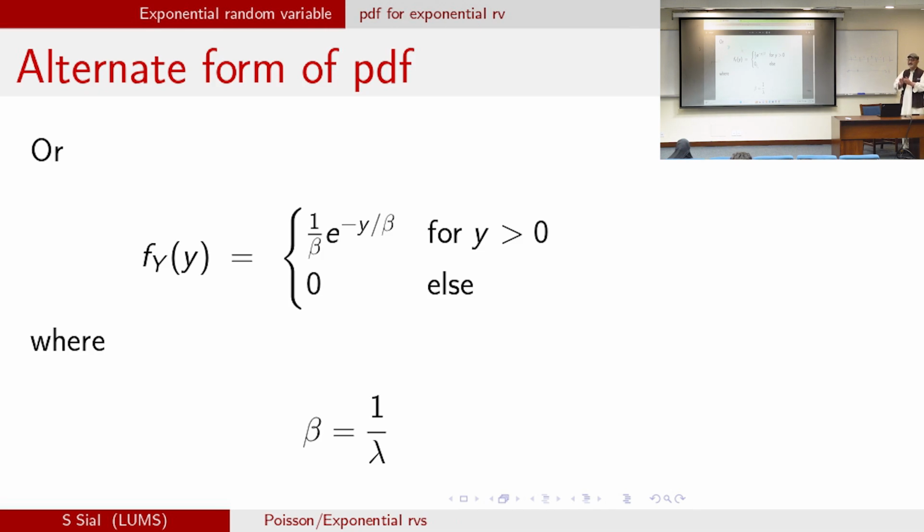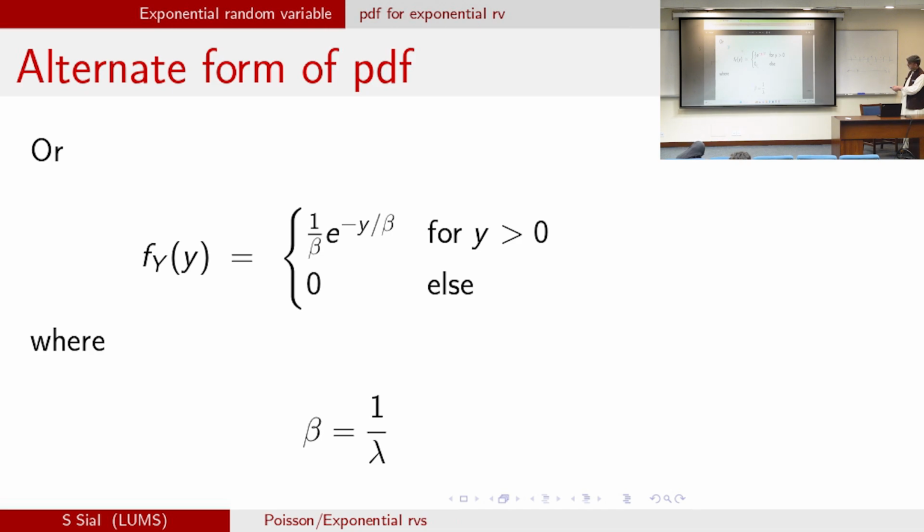It's the expected interval between mosquito bites. So beta is the average, the expected time between mosquito bites. Y is the time.